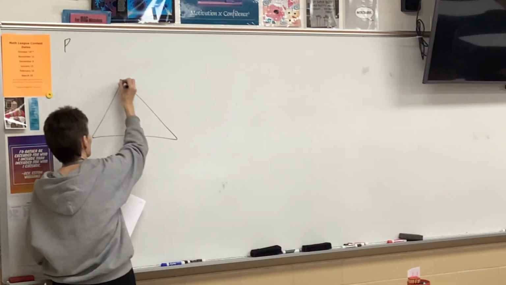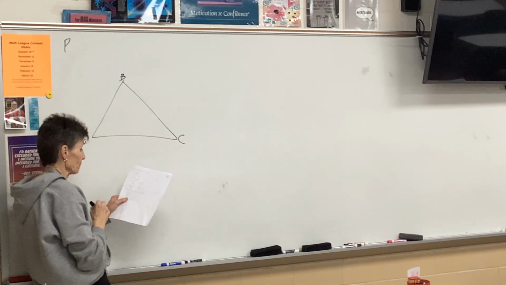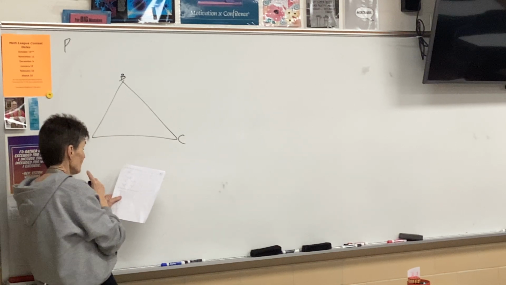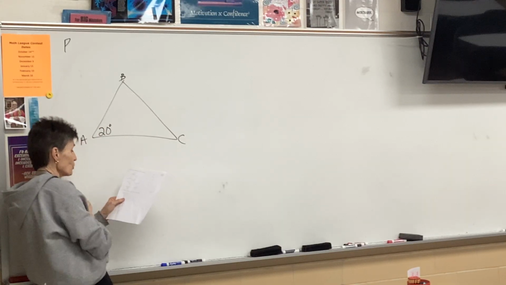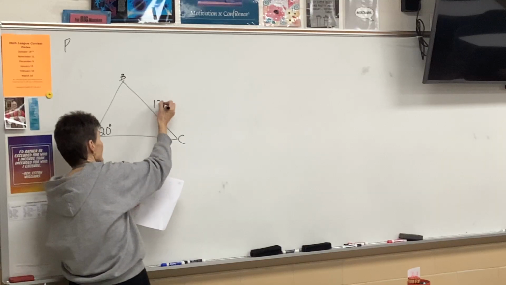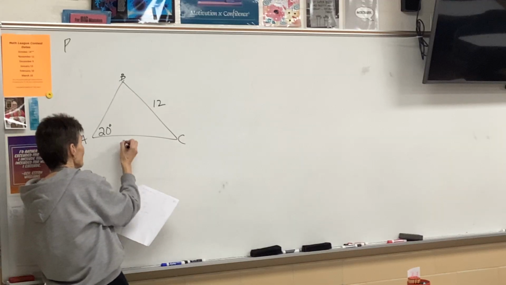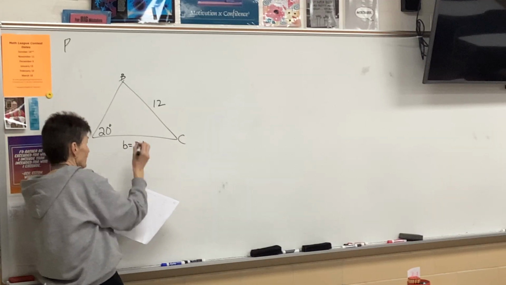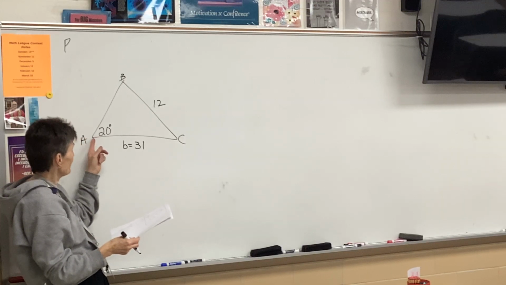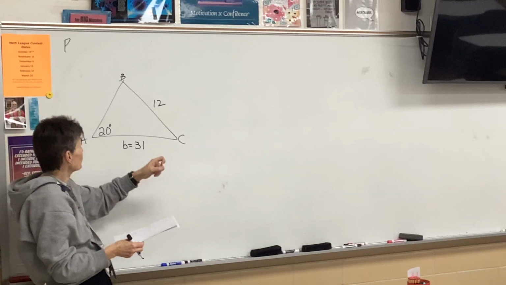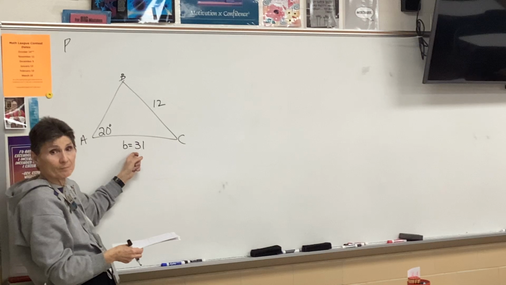So here's triangle ABC. This is problem number 2A. Now I remember that angles are big letters, so angle A is 20. Side A, which would be right here, is 12. And side B is 31. So angle A is 20, side A is 12, angle B I don't know, but side B is 31.